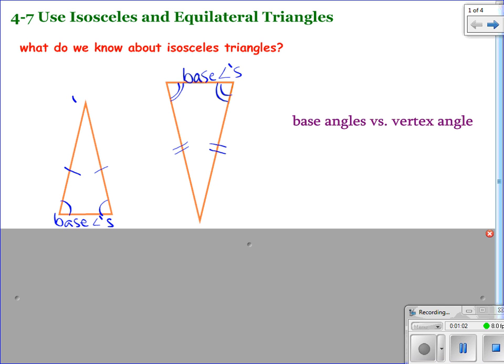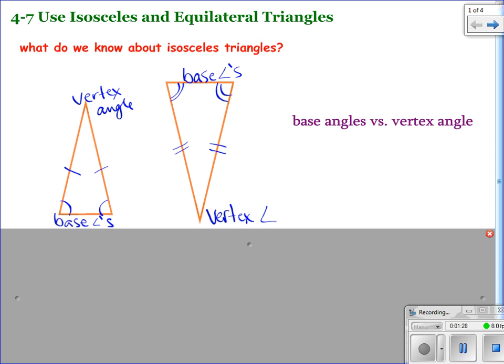This one that's different is called the vertex angle. So when they talk about the base angles of an isosceles triangle, they're talking about the ones that are equal to each other. Those two things go hand in hand, the two congruent sides and the two congruent angles.